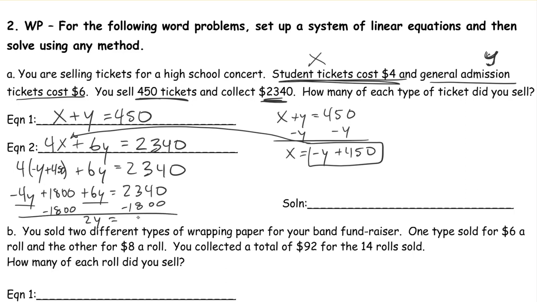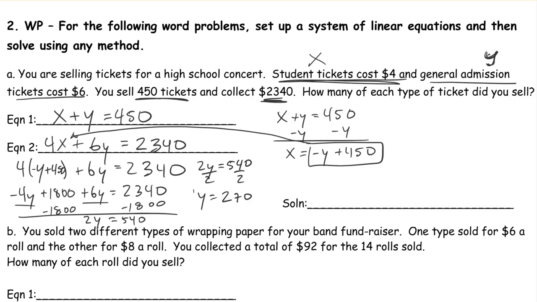So we get 2y equals 2340 minus 1800 is 540. So divide by 2, right? 2y equals 540, divide by 2. So y equals, what's that, 270?